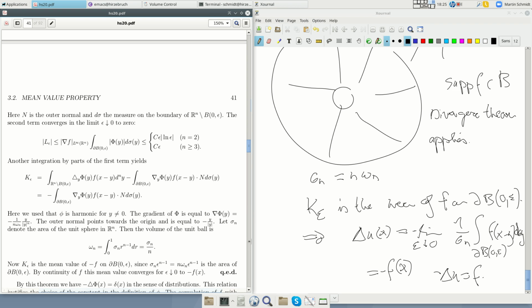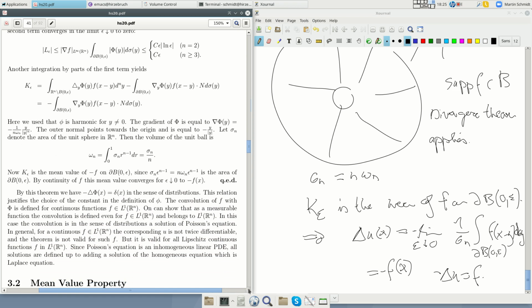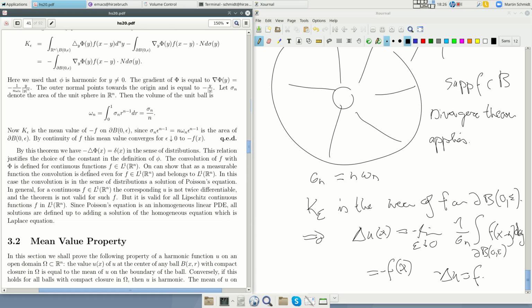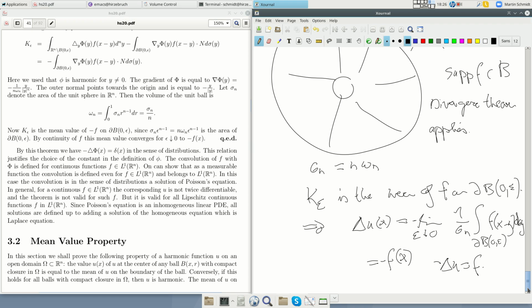Okay, now finally, just a final observation. This is equivalent to the statement that minus Laplace phi is the same as the delta distribution, as distributions. We already noticed that phi at 0 has a singularity. And here we see that this singularity has such a behavior that as a distribution, the second derivative is really the delta distribution.